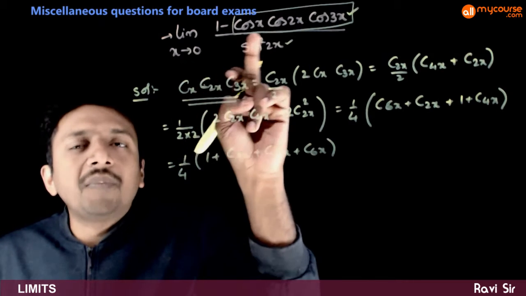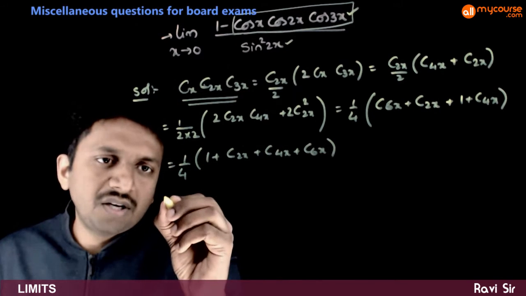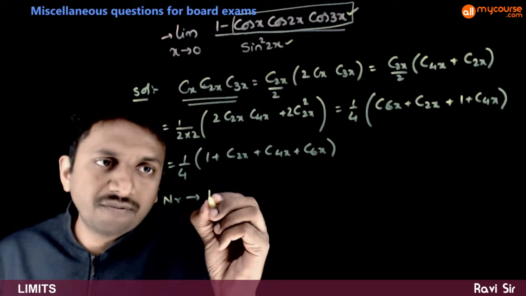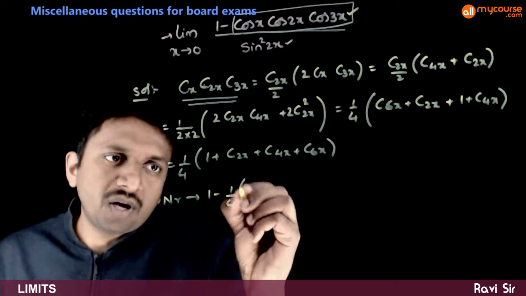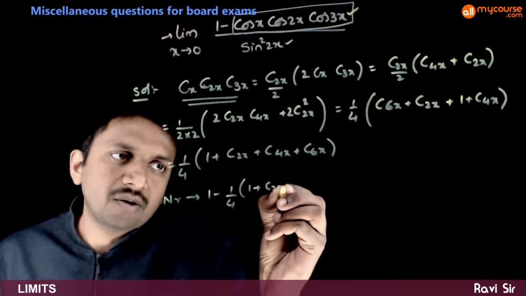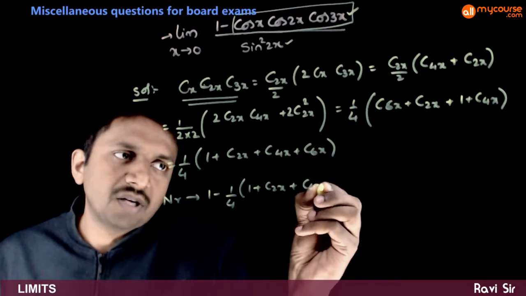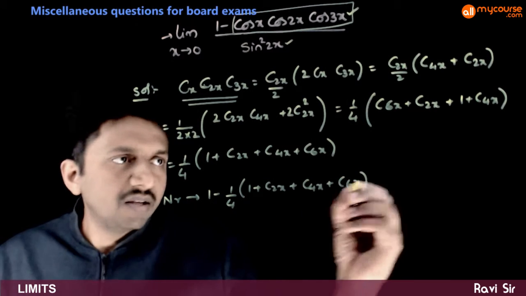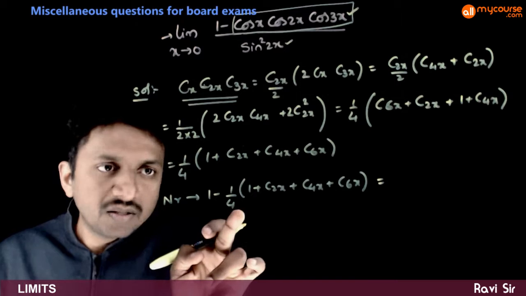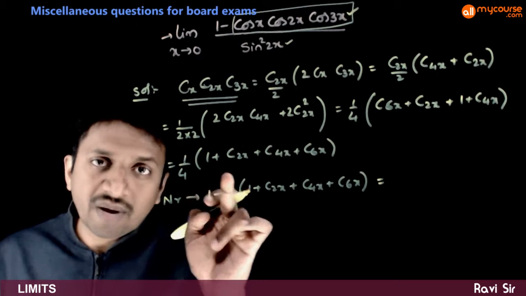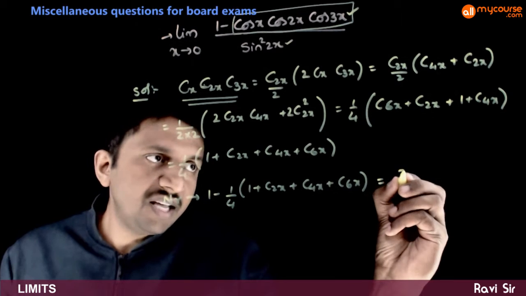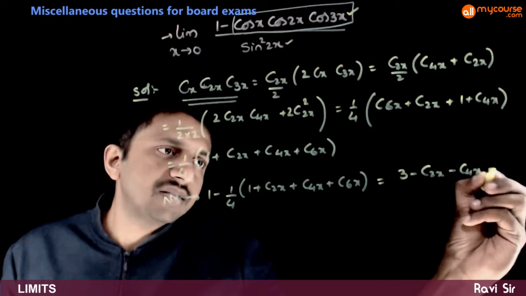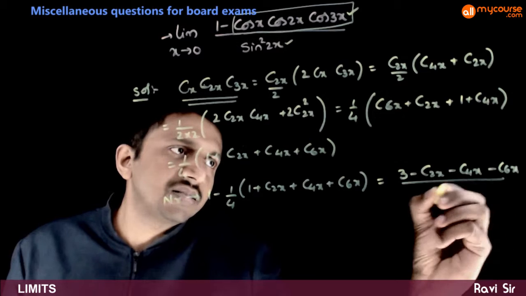Now let us do 1 minus of this. So the numerator is nothing but 1 minus 1/4 of (1 plus cos 2x plus cos 4x plus cos 6x), which is equal to, if you take the LCM, (4 minus 1, which is 3, minus cos 2x minus cos 4x minus cos 6x) by 4.